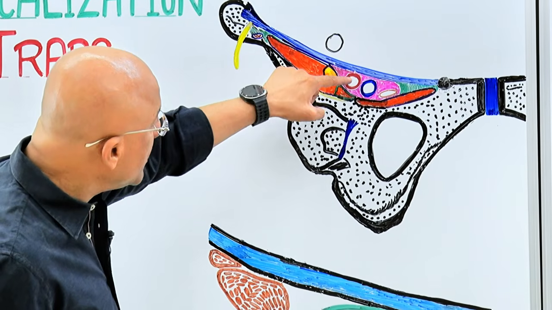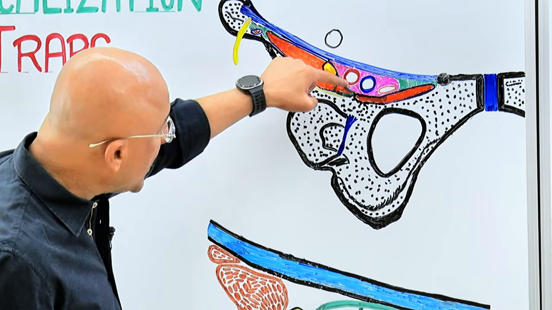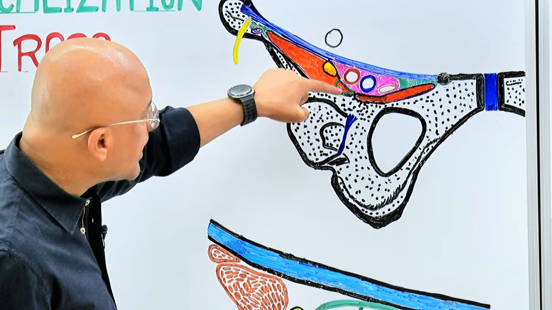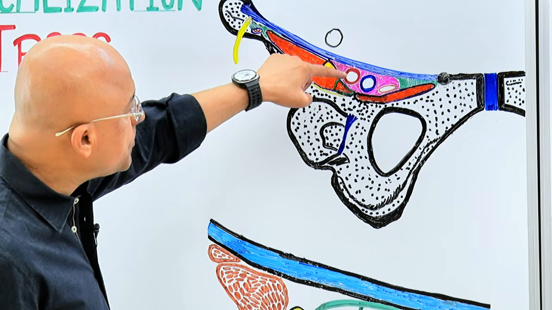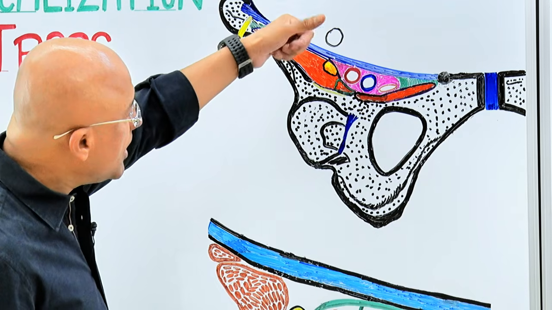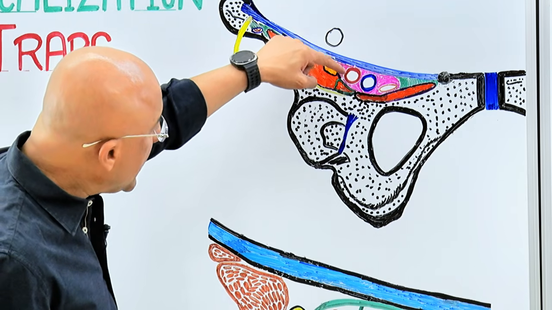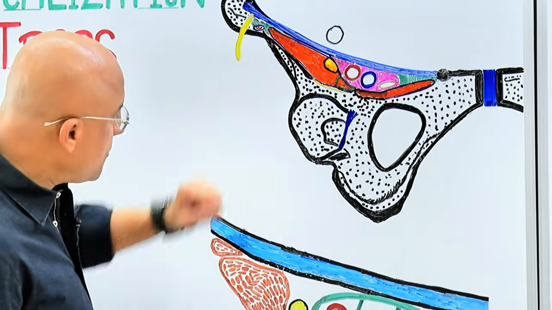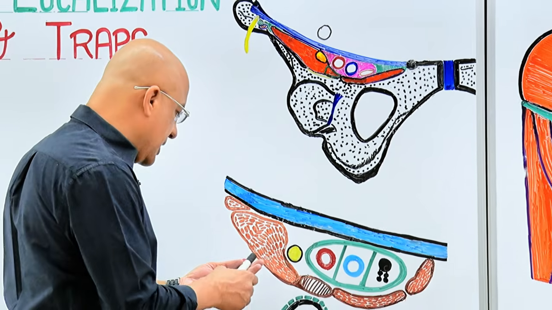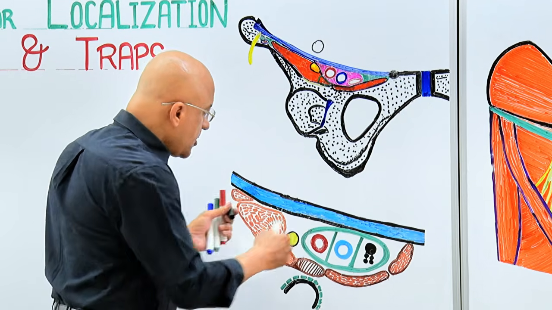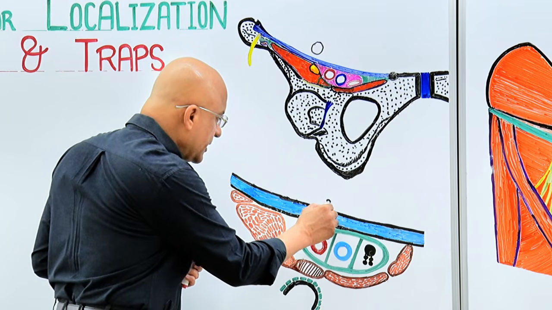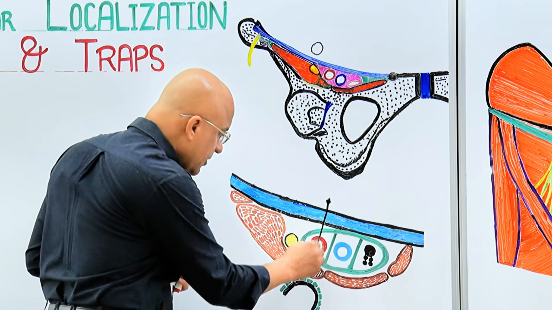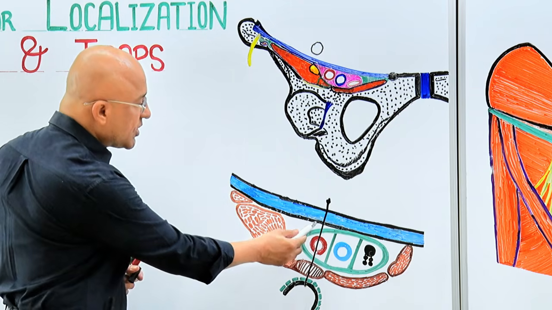So when you press this artery, you are producing a compression between your fingers or thumb and the head of the femur. It is more clear over here that if you are pressing here, it is going like that.